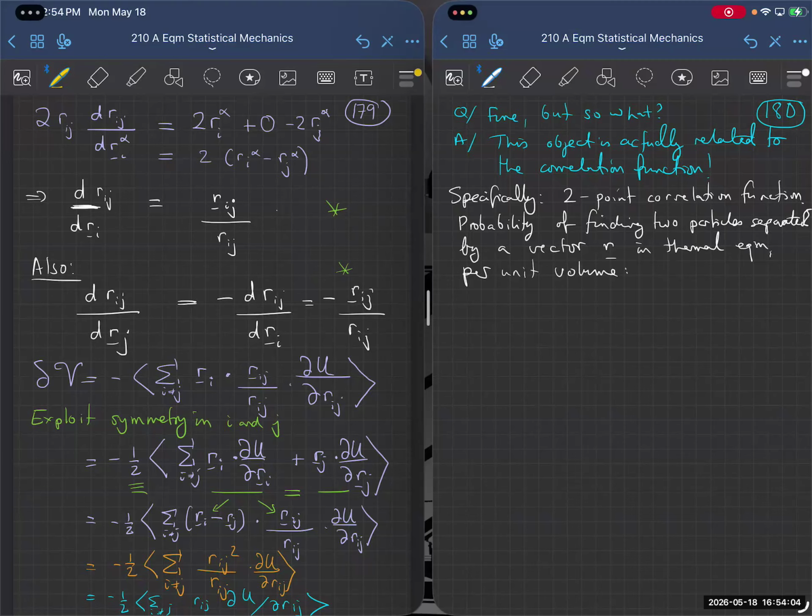And we're going to call this object G of r.